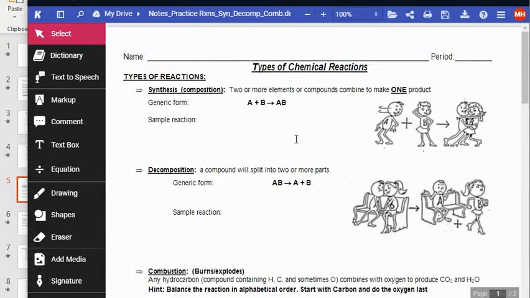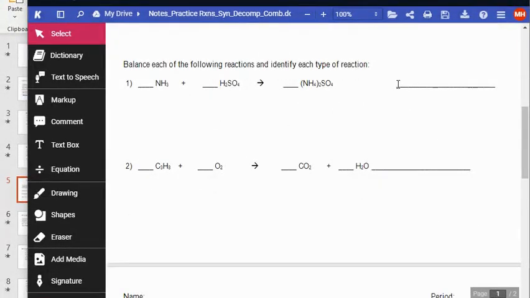I'm going to go back up here to my general equation. 2 reactants, 1 product right there. That's going to be a synthesis reaction. So I just want you to write synthesis reaction right over here. Seems easy enough.